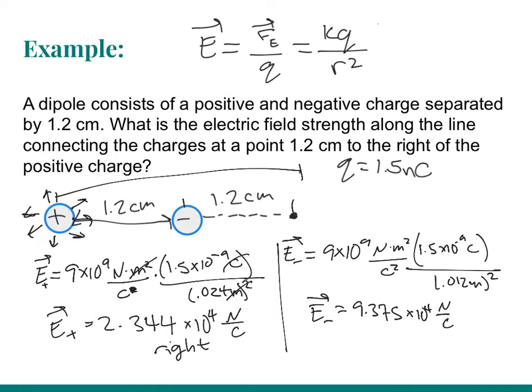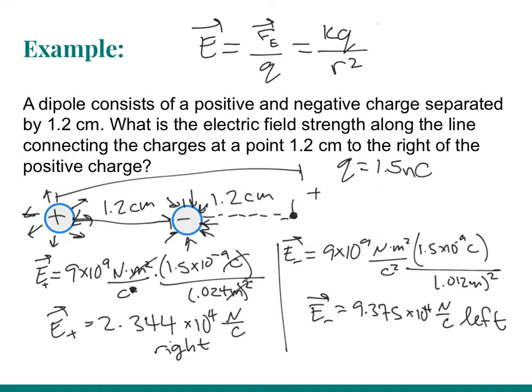And the convention for direction is that negatives have all of theirs headed straight towards them. So that field is to the left from over here. So 9.375 times 10 to the 4th newtons per coulomb to the left. Since those are pointing in opposite directions, we're going to subtract. We're going to have the 2.344 to the right.